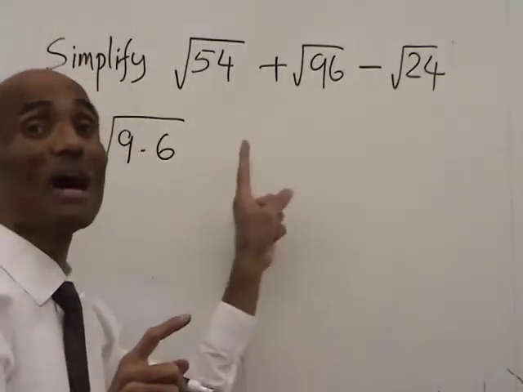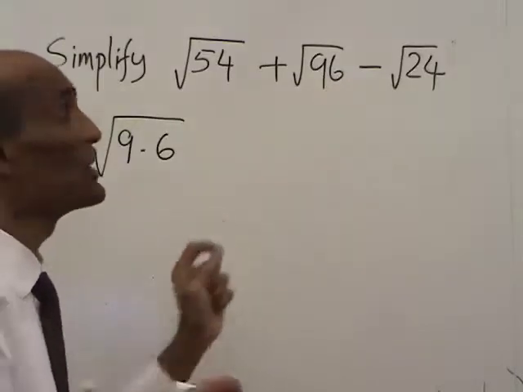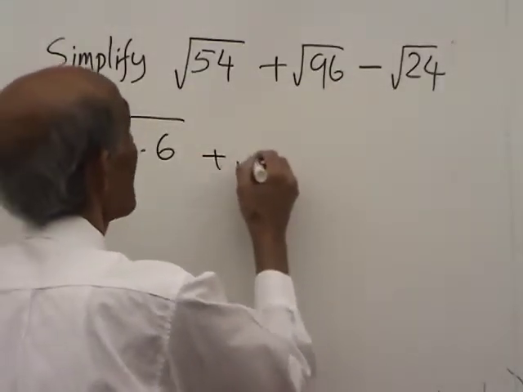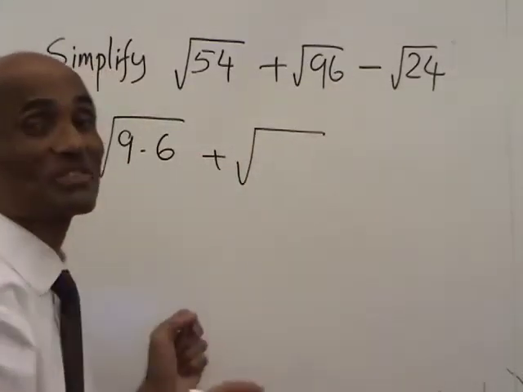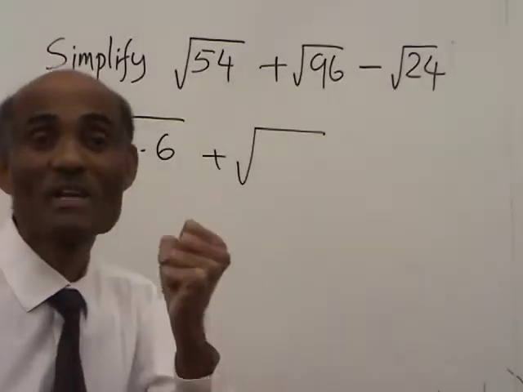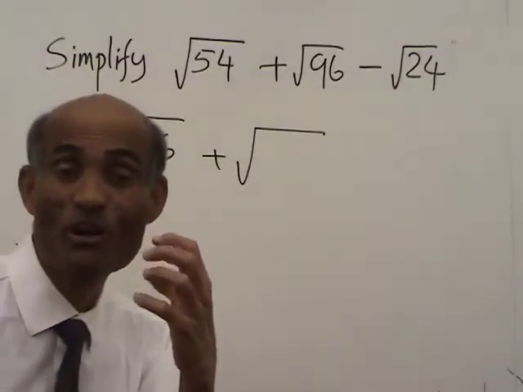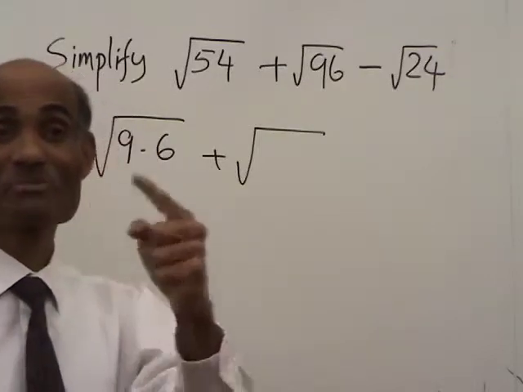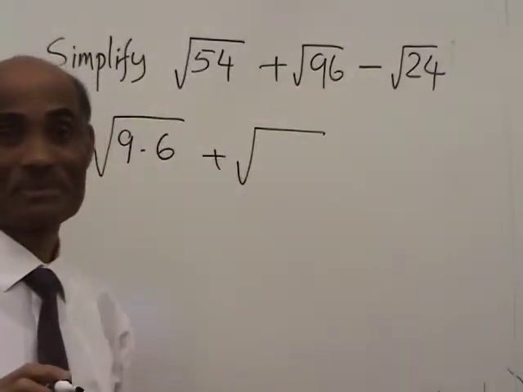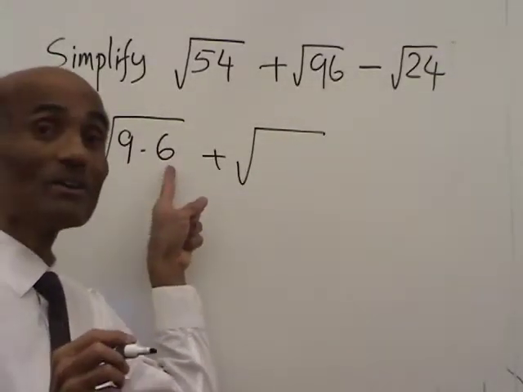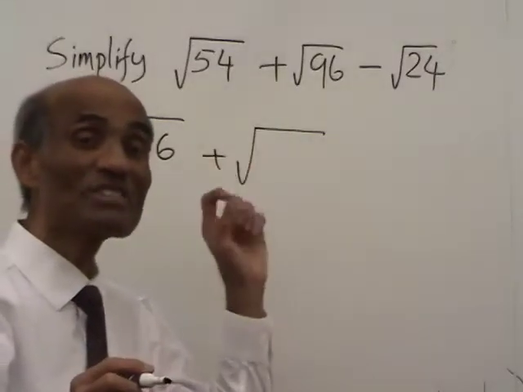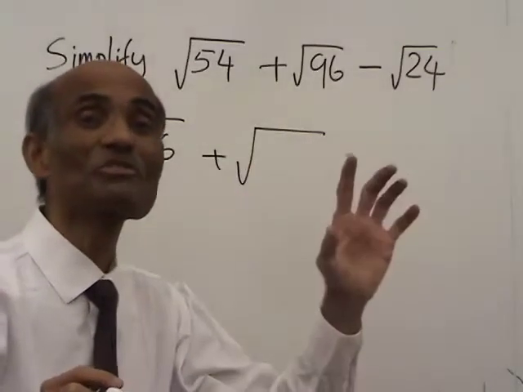Therefore, it is a clue now. Can you tell me how you will write square root of 96? Can you write 96 as the product of a perfect square times a number? Once you get the clue, you can see 96 is 16 times 6.